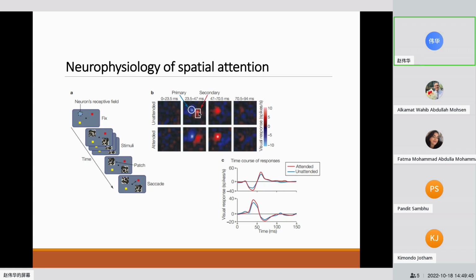And the amplitude of the responses was larger when attended than when unattended. This difference can be shown in figure C. From this figure, we can see the difference between the attended and unattended stimuli.